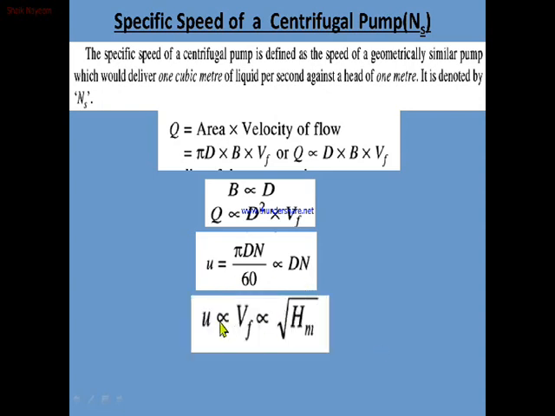We also know u is proportional to Vf, which is proportional to root Hm. So we can replace u with root Hm, and write root Hm proportional to D N. From that, D is proportional to root Hm by N. We substitute all these terms in Q proportional to D square into Vf.